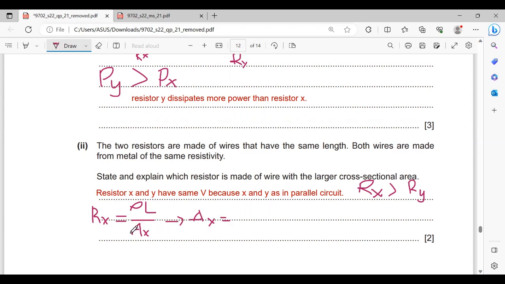If Ax is the subject, it becomes Ax equals rho L over Rx.